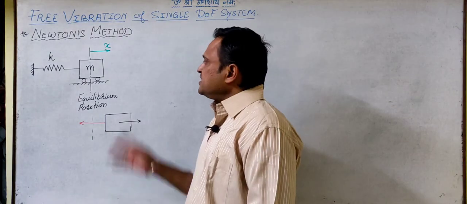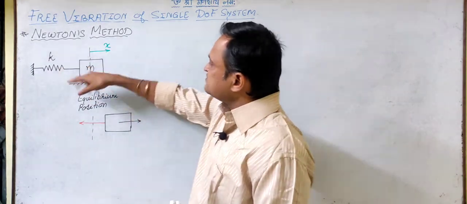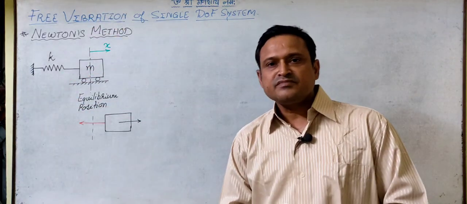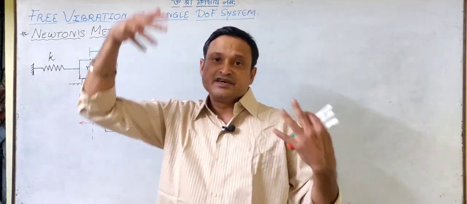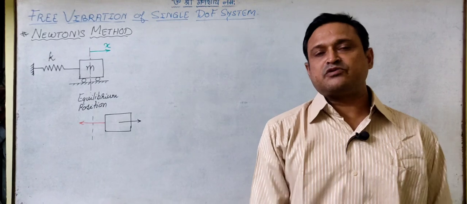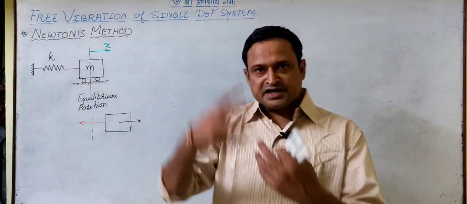Now if you want to work out the forces in the system, forces will be acting horizontally and vertically, but in this situation the weight of this mass and the reaction from the surface cancel out each other, so there is no force in the vertical direction.